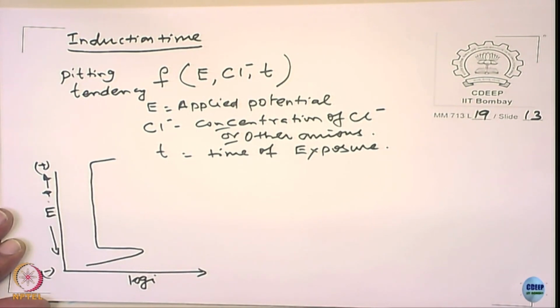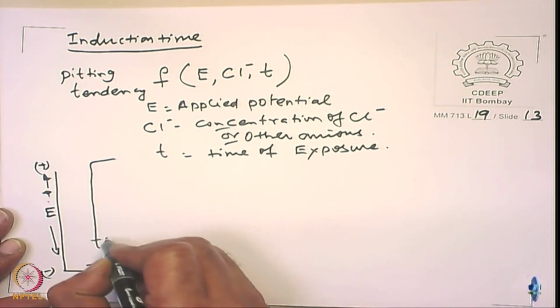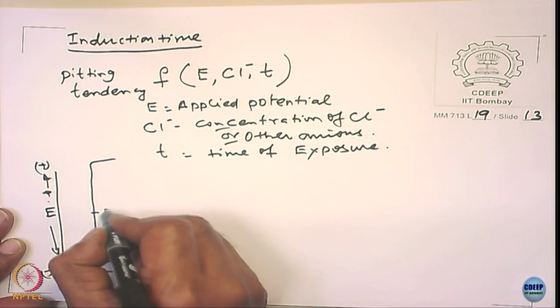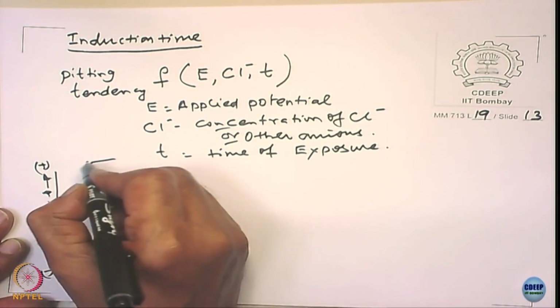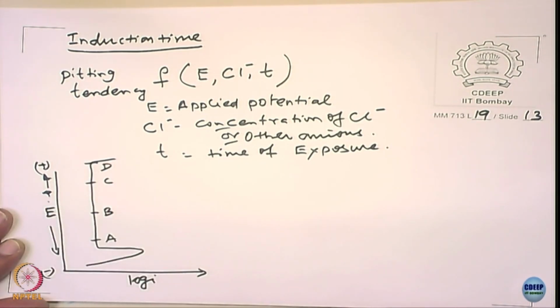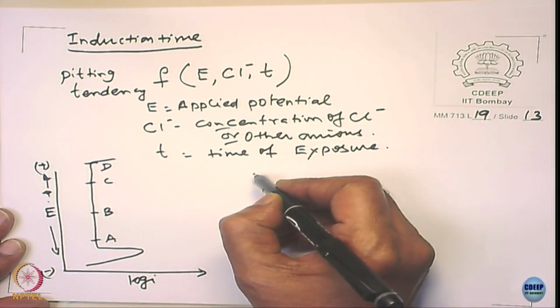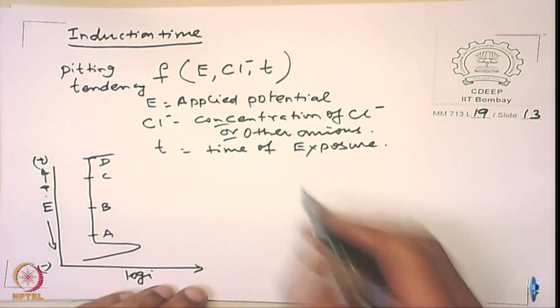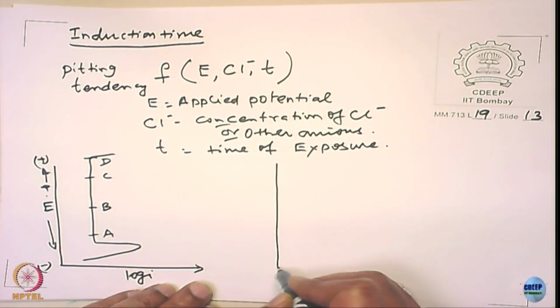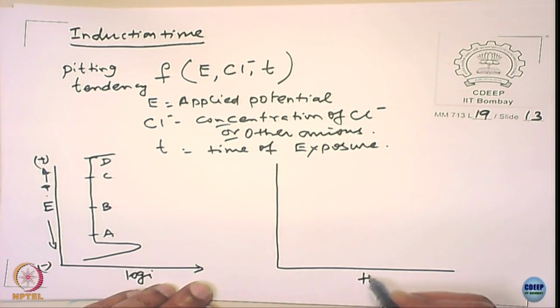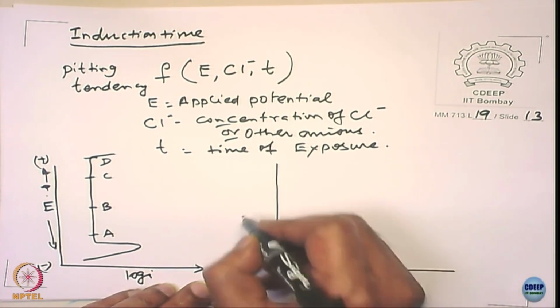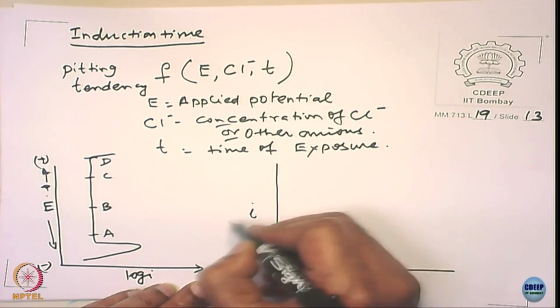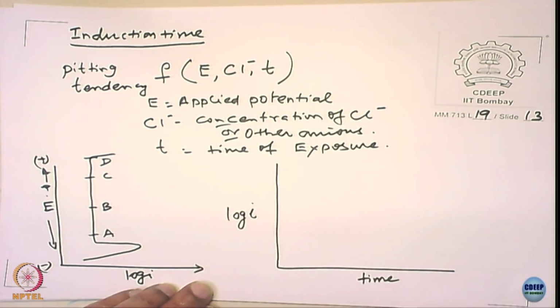Suppose like this. Suppose you take these points, and I hold the sample at that particular potential, and plot time versus the current, log I, current.